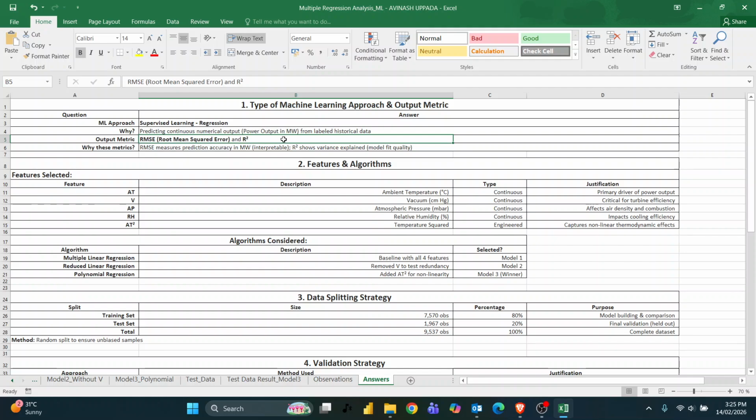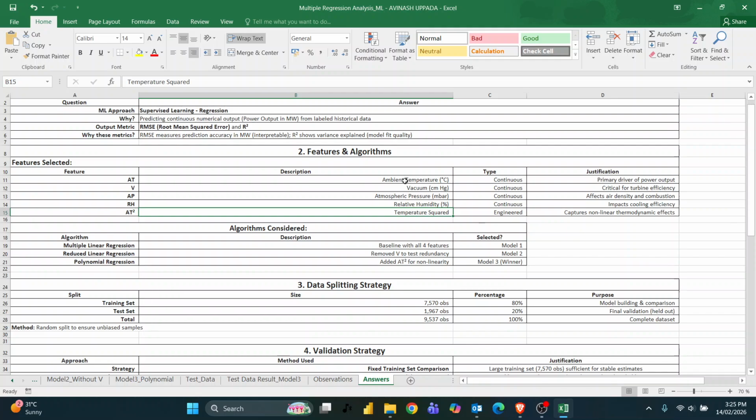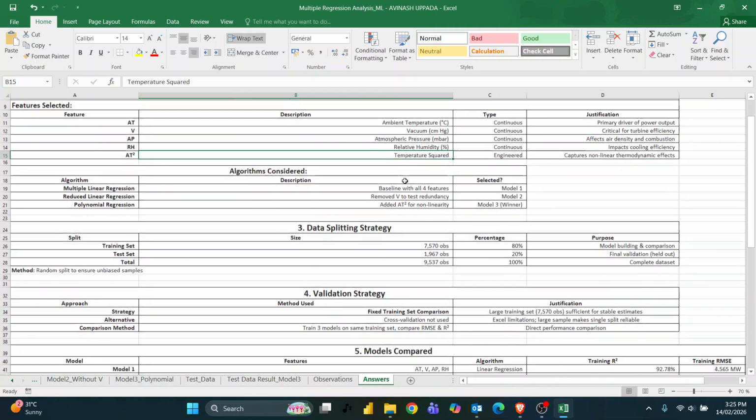Then I also used R square, calculated manually, to verify the accuracy; it is also there in the results. Now, what are the features that we have? Like in the question, we have ambient temperature, vacuum pressure, atmospheric pressure, relative humidity, and temperature squared, which I used in the third model. So these are all the features that I selected.